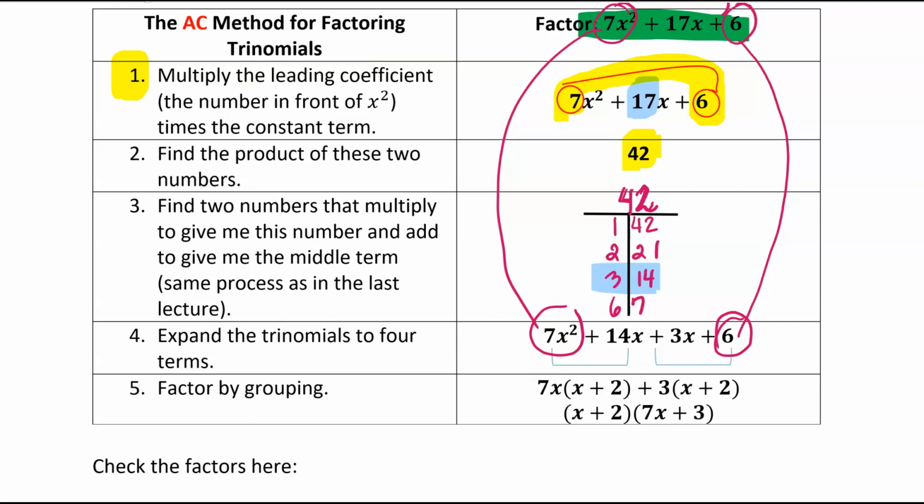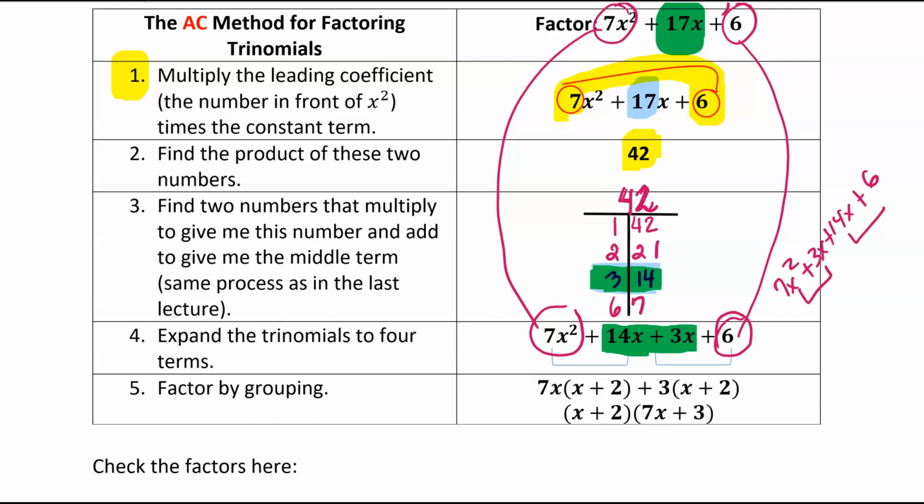Only the middle is different, right? And the middle consists of that 3 and 14, right? So we expanded the 17x that's in the middle here. We expanded this to 3x and 14x, or 14x and 3x. So you could have written these 4 terms as 7x squared plus 3x plus 14x plus 6. That would have worked as well.